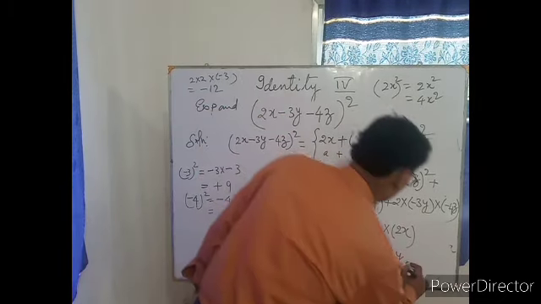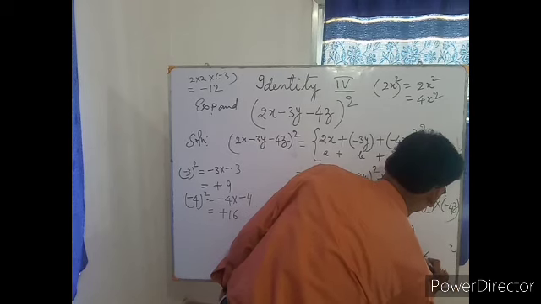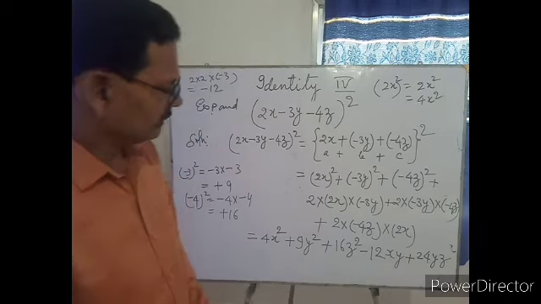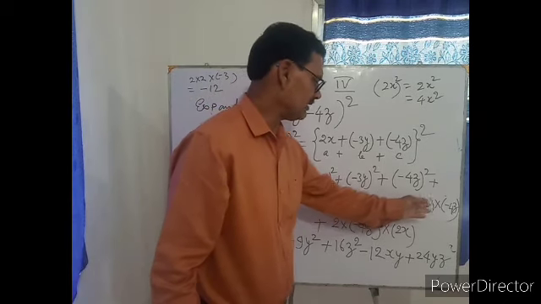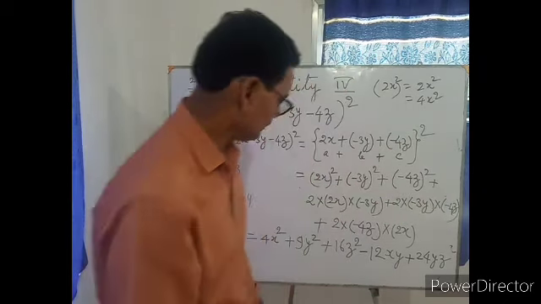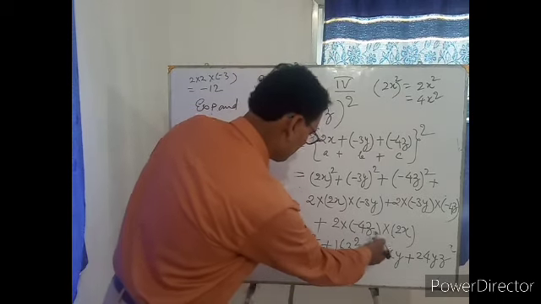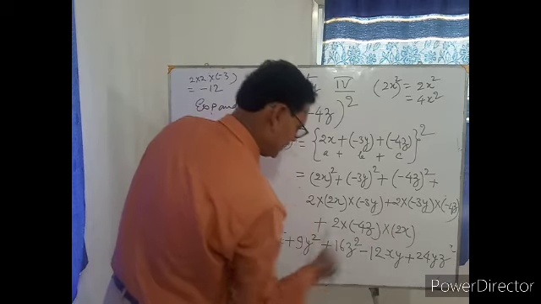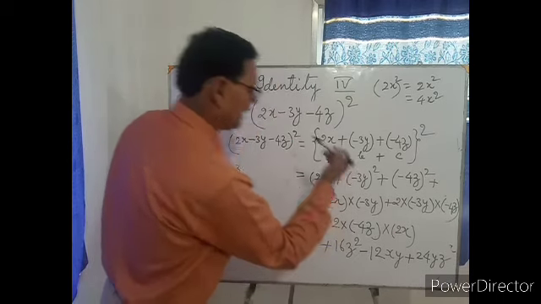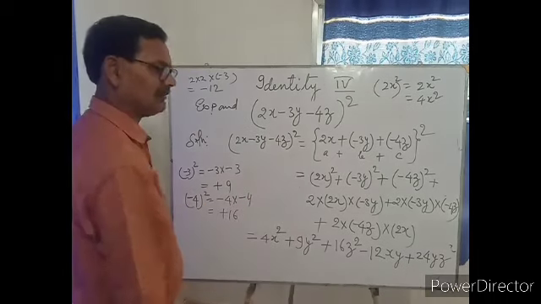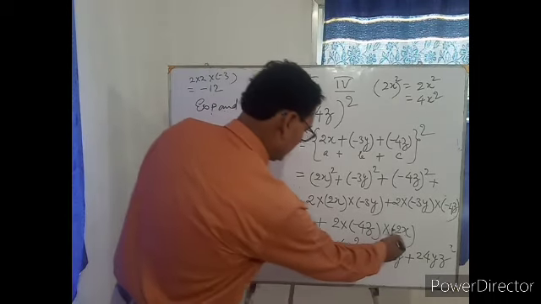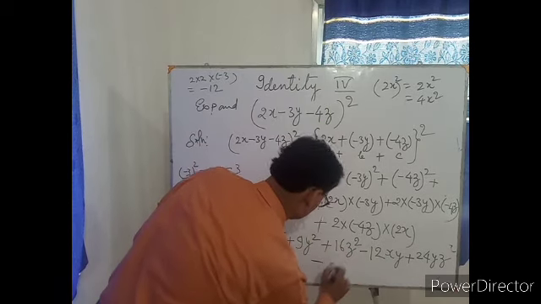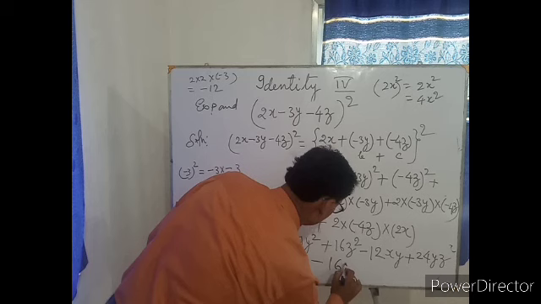So it will give you plus 24yz. Any problem over here? I don't think you will have a problem. Here minus into minus is plus, so plus 24yz. And here again see, 2 into 2, 4. It is plus and it is multiplied by minus 4. So plus into minus it will be minus. And 4 into 4 is 16, so minus 16zx.